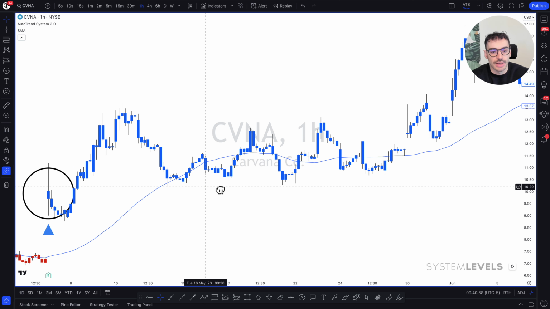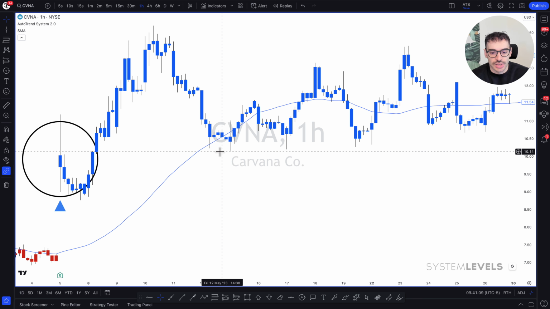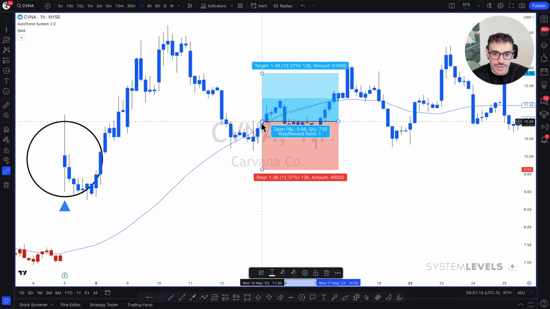I have a trade that I can follow, and my entry and risk criteria are actually quite the same as with any other AutoTrend system strategy. So in this case, if my entry was here, just as the price is bouncing from its pullback, when the pullback is appearing to be ending and the uptrend to be resuming, then I can enter here and my stop loss will need to go below a prior swing low.